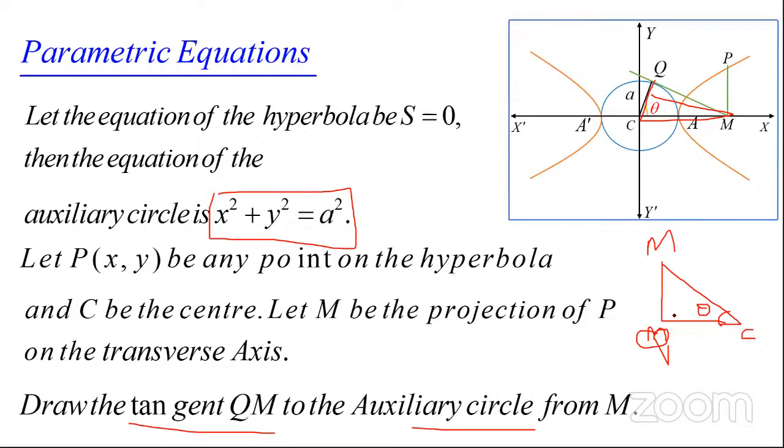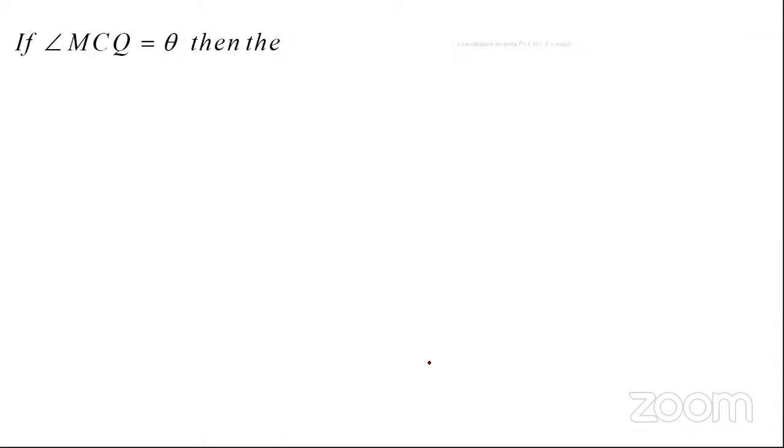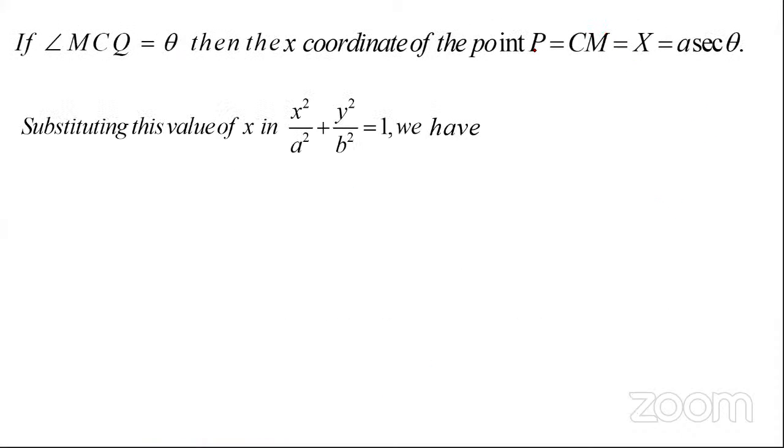From this you can find that the length of CQ is a, because the radius of the auxiliary circle is a. Then we have to find cos theta or secant theta. Secant theta is nothing but hypotenuse by adjacent. That's why we get x equal to CM, which is a secant theta.